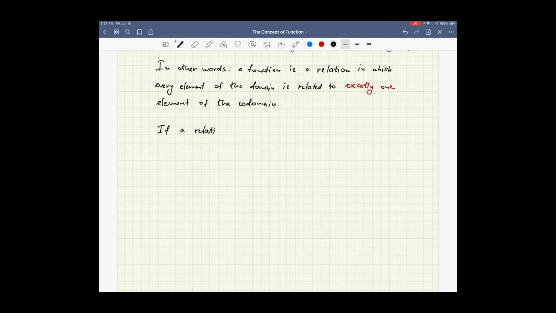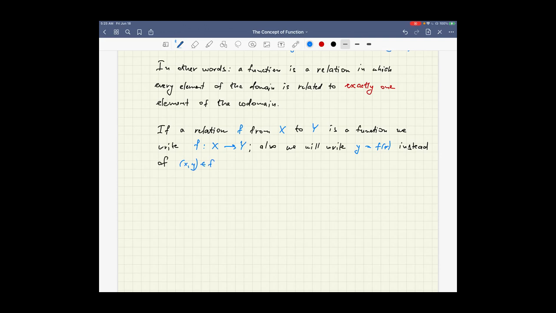If a relation f from X to Y is a function, we in this case write the following construction: f colon X arrow Y. Also, we will write y equals f of x instead of (x, y) belongs to the relation f, or x f y.